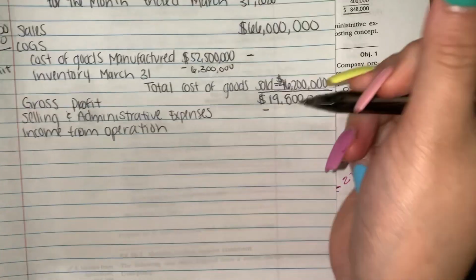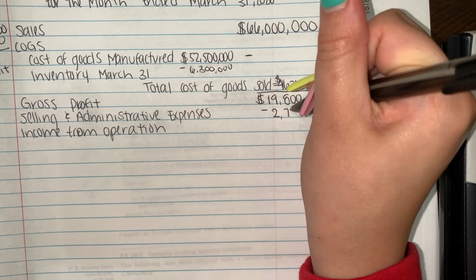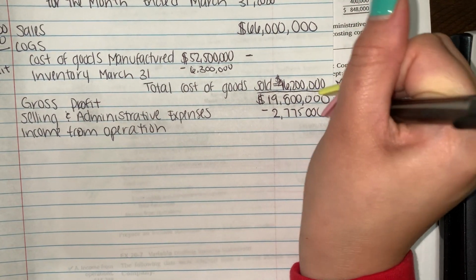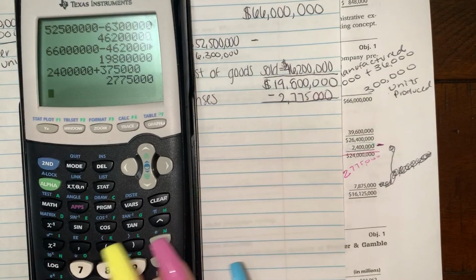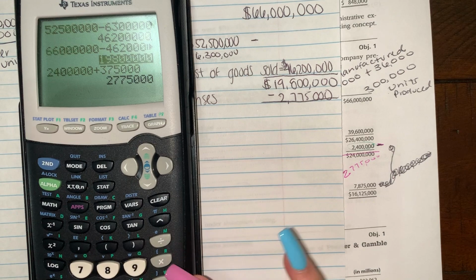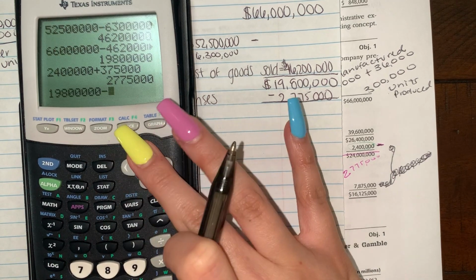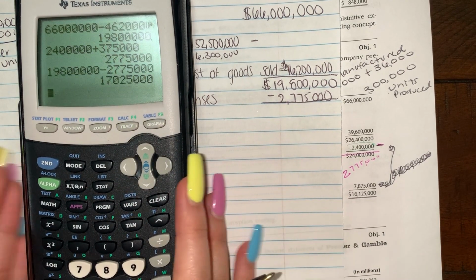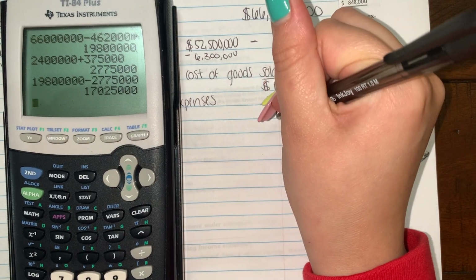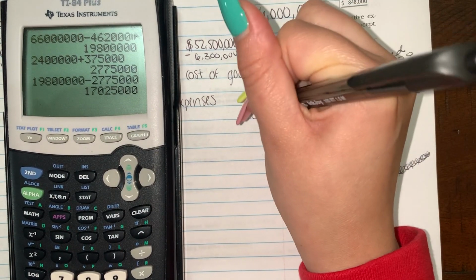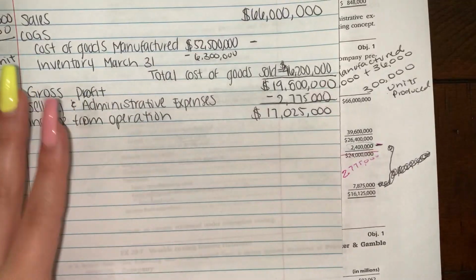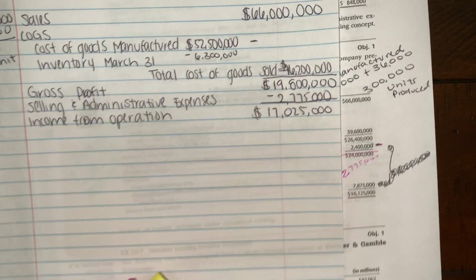So minus 2,775,000, and once we subtract those, that is how we find the income from operations. So 17,025,000 is our income from operations using the absorption costing method.